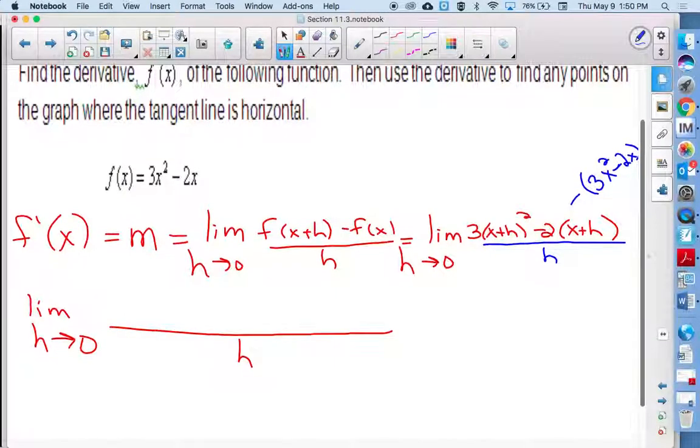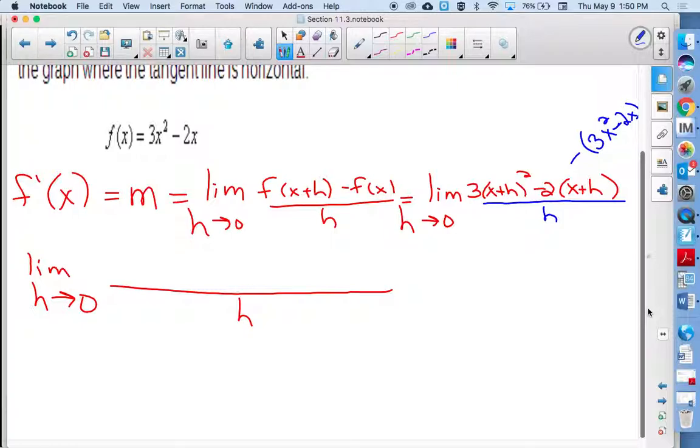Okay, what do you have, Brandon? It is 3x squared plus 6xh plus 3h squared minus 2x minus 2h minus 3x squared plus 2x. Nice.